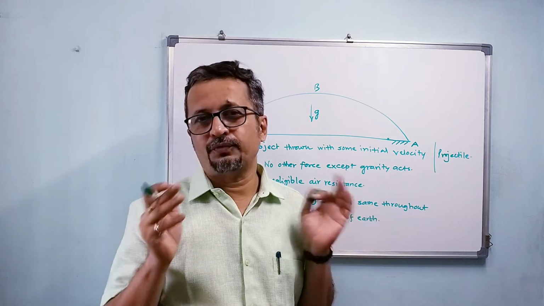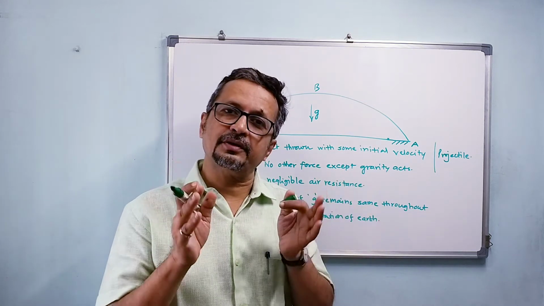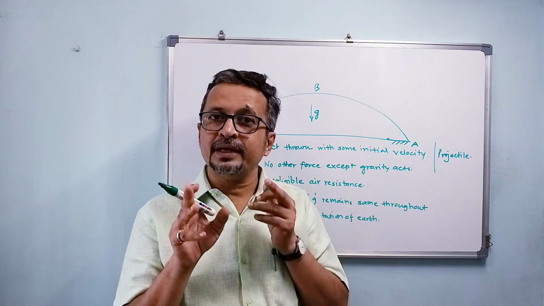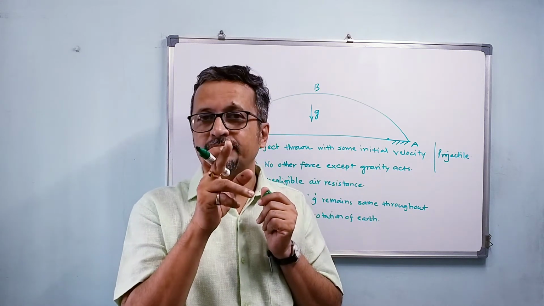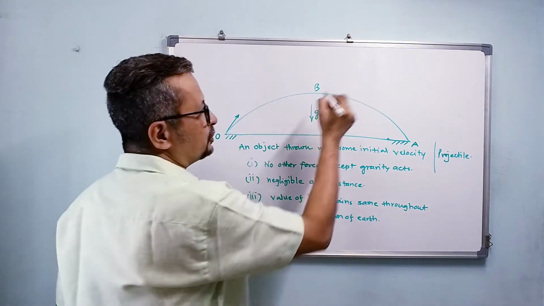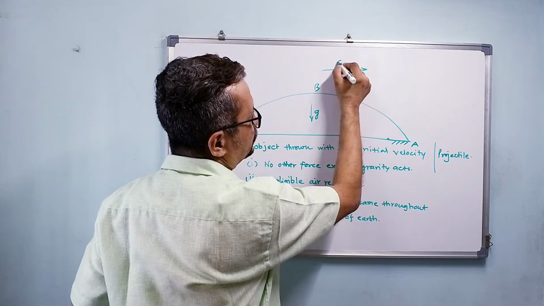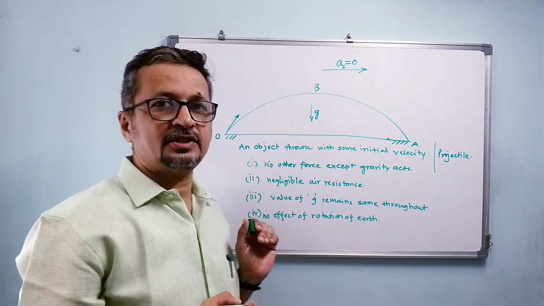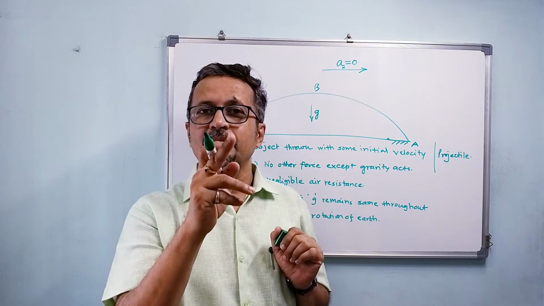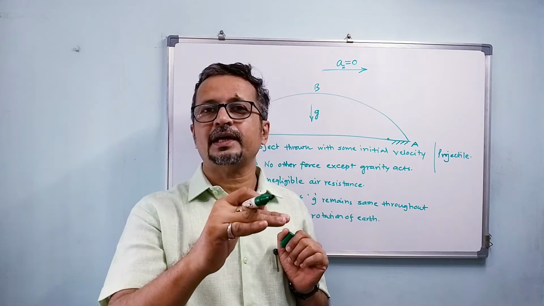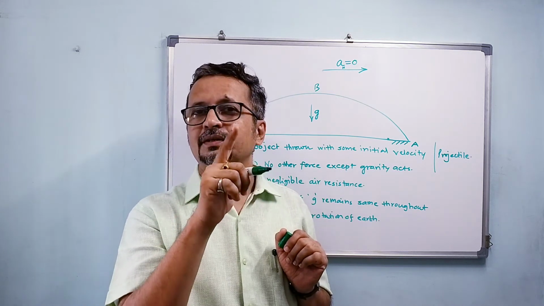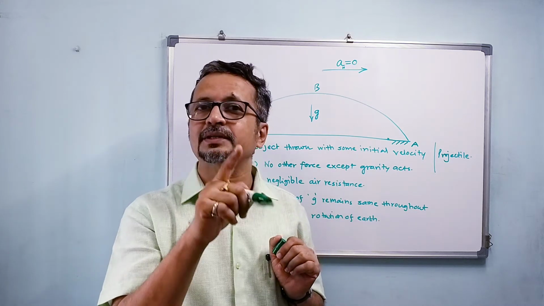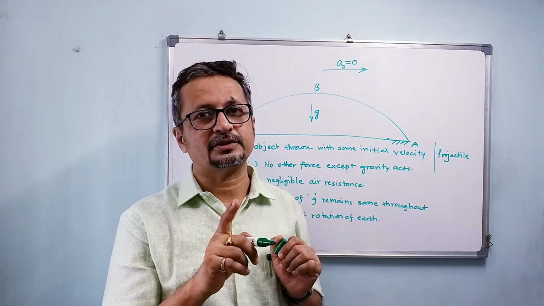No. So when there is no acceleration in a particular direction, the motion in that direction would be uniform, isn't it? So if there is no acceleration in the horizontal direction, if a_H is equal to 0, then my motion in the horizontal direction would be uniform motion, or the velocity would remain uniform in the horizontal direction. Correct.